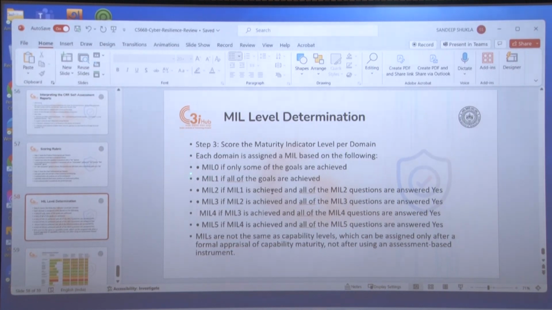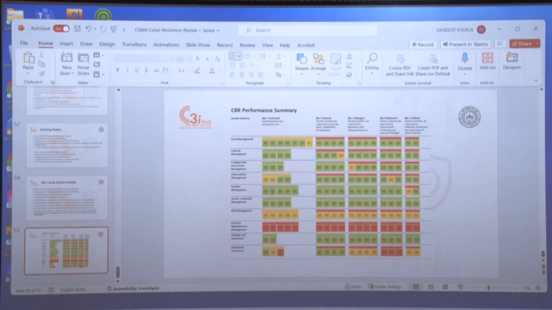There was not a single domain at MIL 1, and unless you are in MIL 1 you cannot be MIL 2. MIL 2 requires additional questions and so on. We discussed this, and this is how the performance summary looks. We already looked at this.